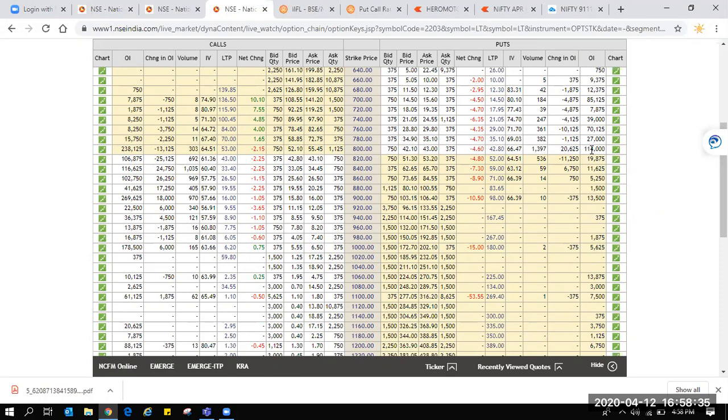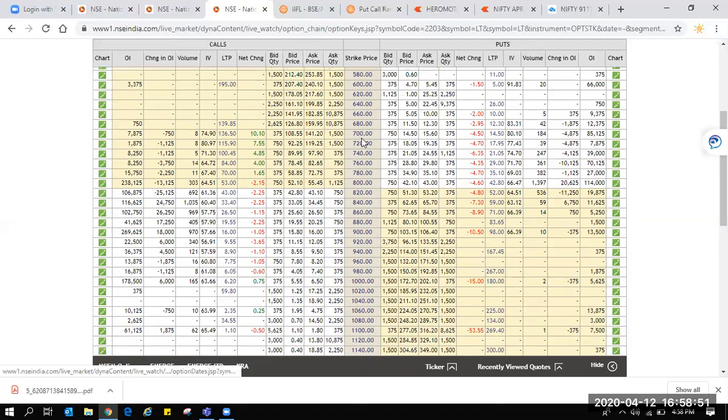So once 800 is closed below, and if it is on an EOD basis, that is end of the day, then for sure you will get a good fall, because the next support is coming at around 700 levels only.